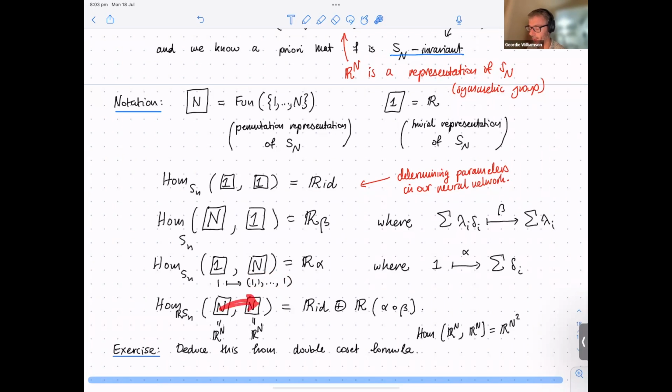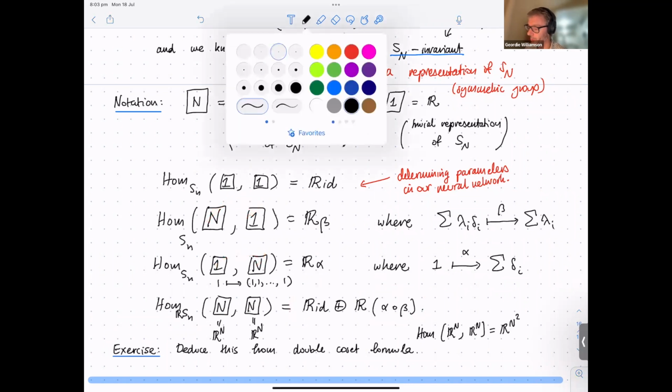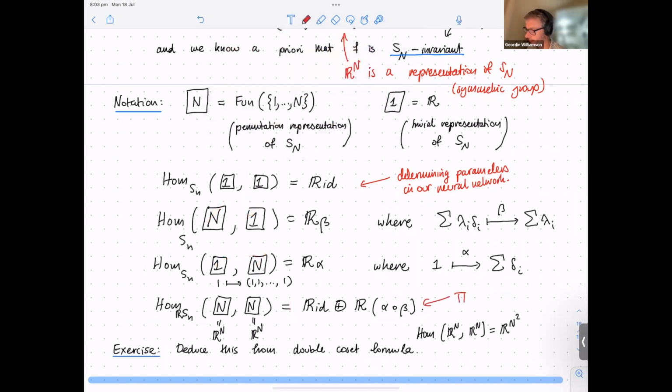I can do the identity map, or I can go from N to the one-dimensional space and then back again, and this is it. That's the important point. By imposing this symmetry, you cut down this N squared dimensional space to a two-dimensional space. I hope that was helpful.